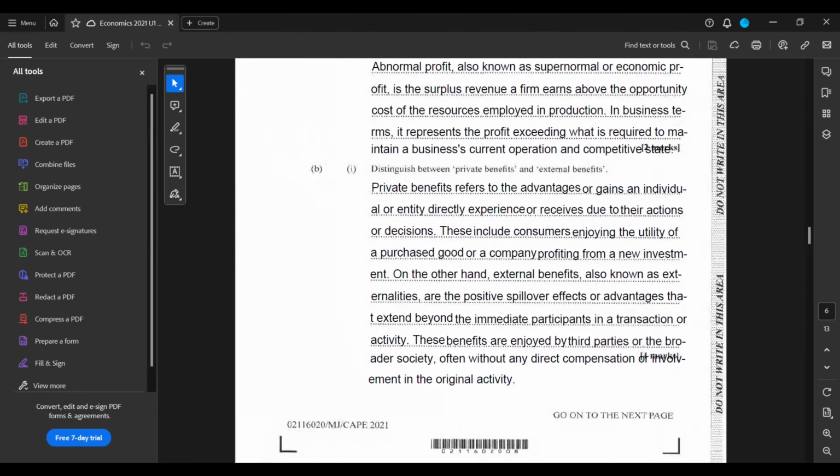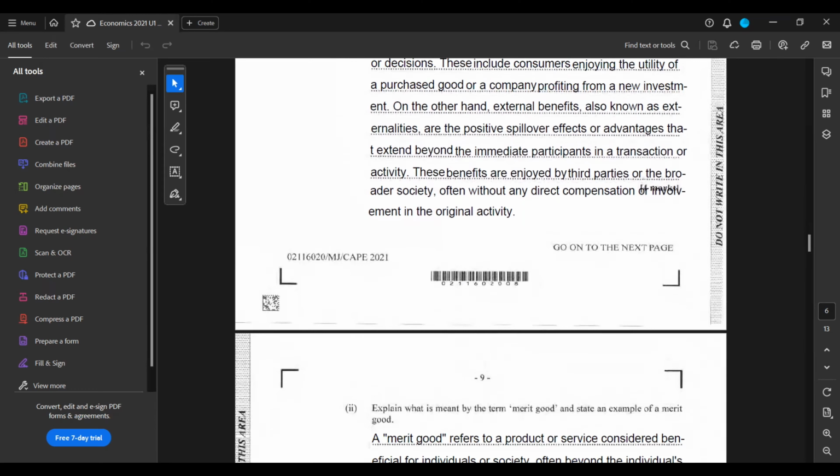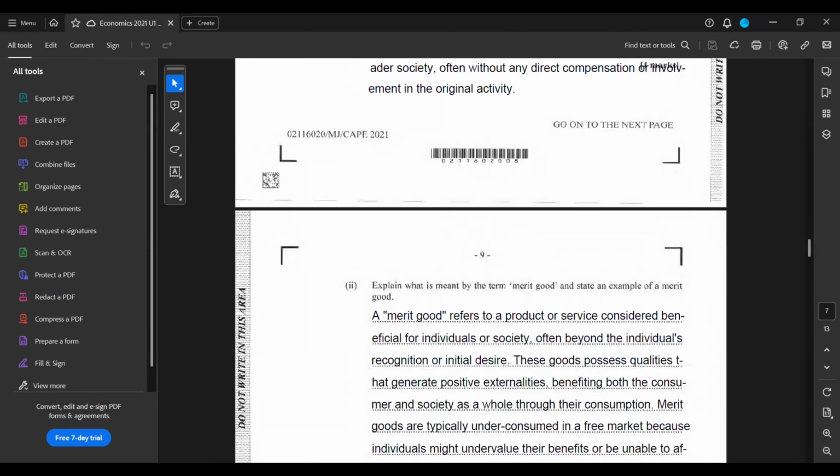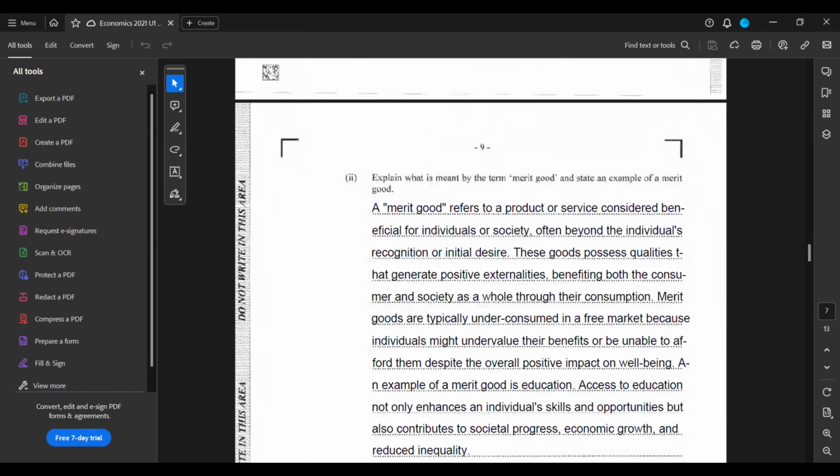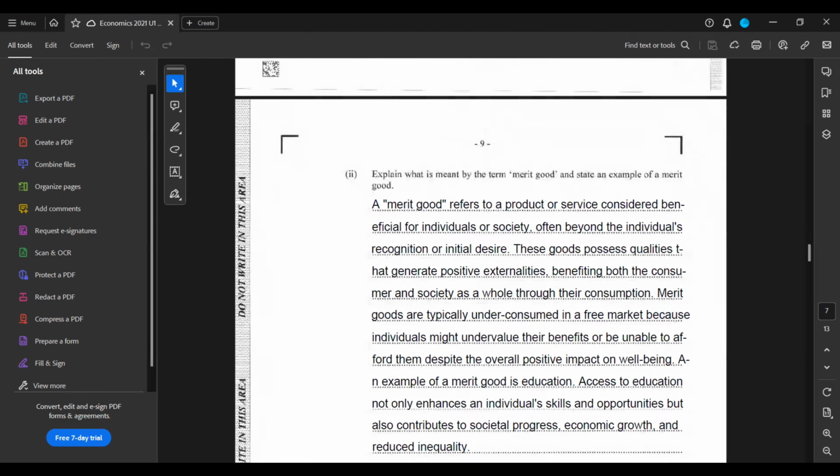Part 2, explain what is meant by the term merit good and state an example of a merit good. A merit good refers to a product or service considered beneficial for individuals or society, often beyond the individual's recognition or initial desire.